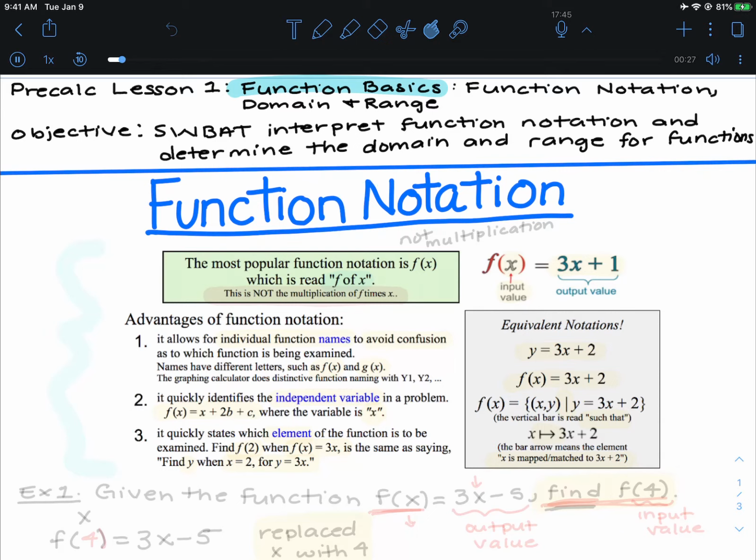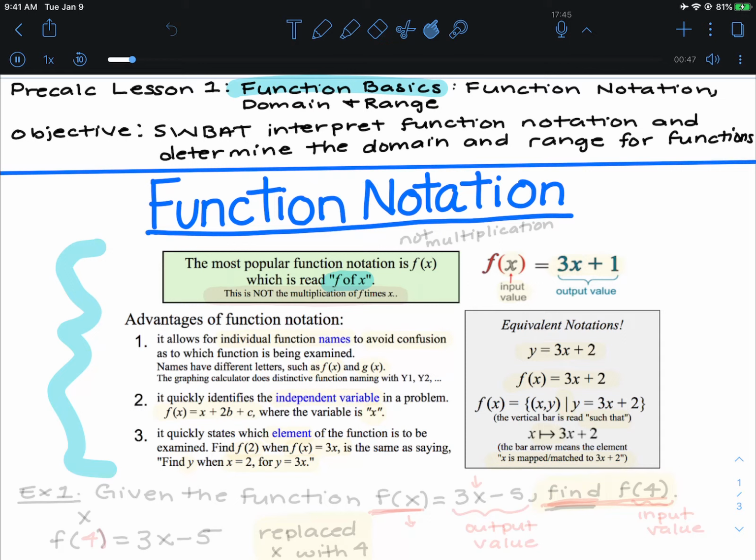So before we begin, let's go ahead and read this little box that I have right here. Okay, so the most popular function notation is f of x, right? Which we already know because we've used it this whole year. Now, how do you say f of x? Well, you read it such as that, f of x.